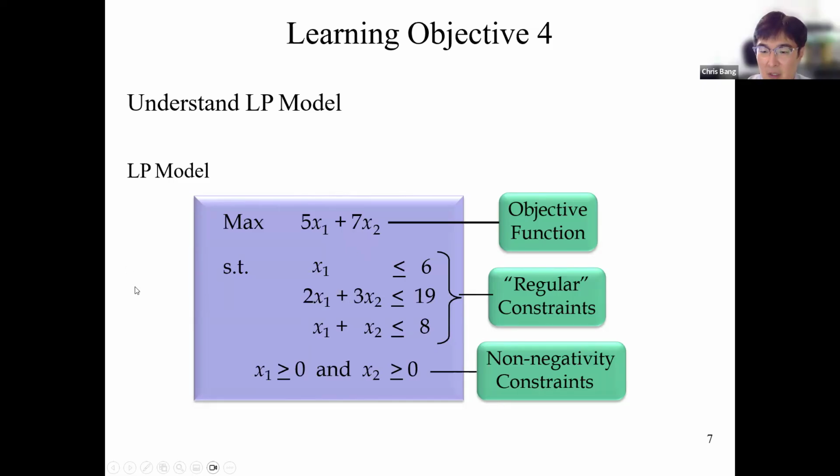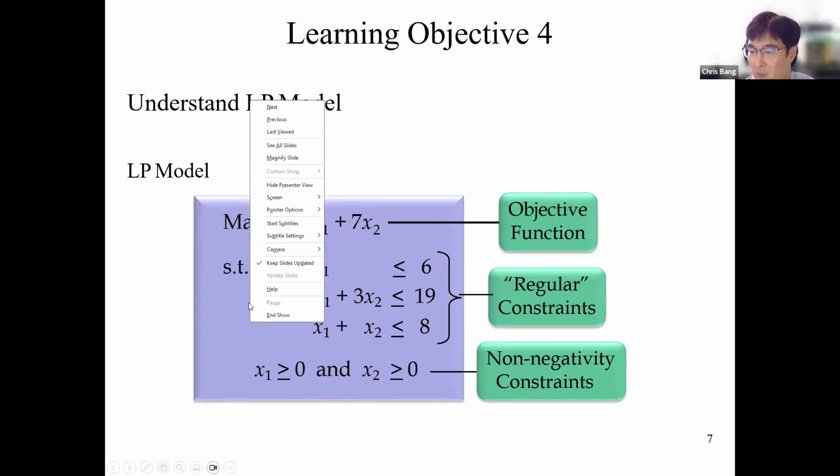Finally, we include non-negativity constraints, which mean the decision variables cannot be negative. Or you may have some other constraints, such as a variable that cannot be positive, so we need to add two different constraints.